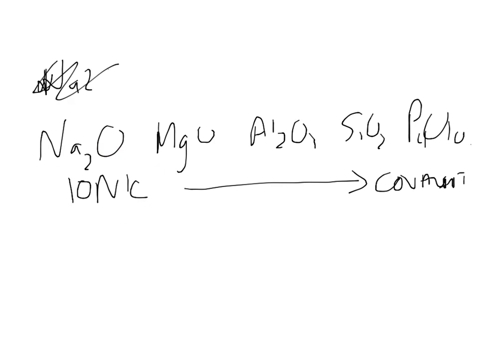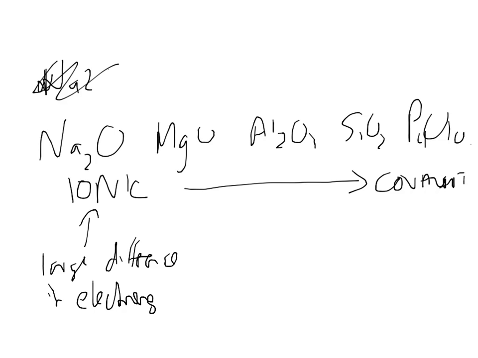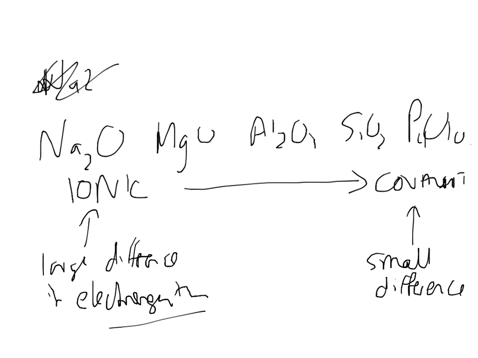If there's a really large difference in electronegativity, then you'll get ionic compounds. If there's a small difference in electronegativity, then you'll get covalent compounds, with 2 of the same atom joined together being purely covalent because there's essentially no difference in electronegativity. However, when you get to things like aluminium oxide, that has some ionic character and some covalent character, and that's because of polarization.